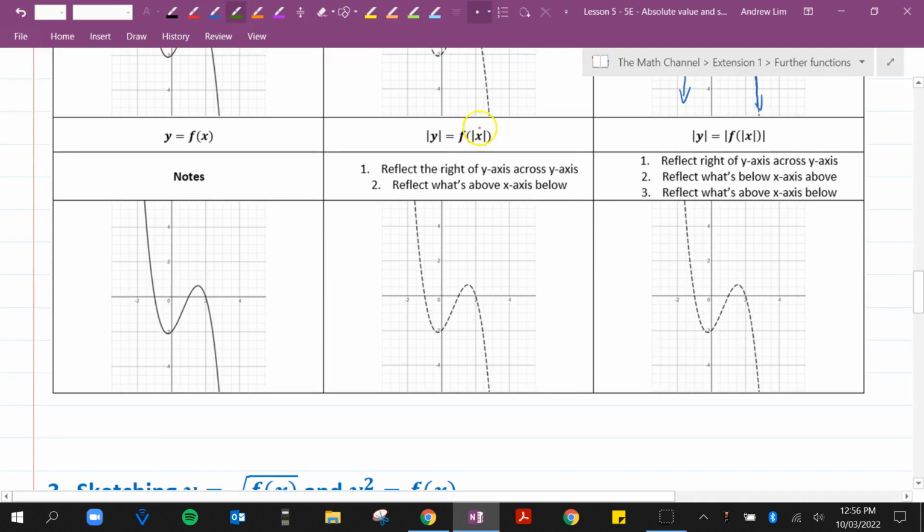Alright, reflect across the y-axis first, and then reflect across the x. So all of this will be reflected.